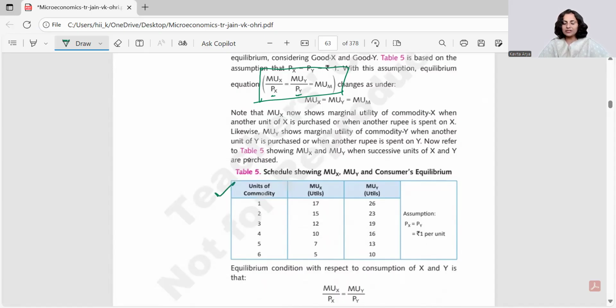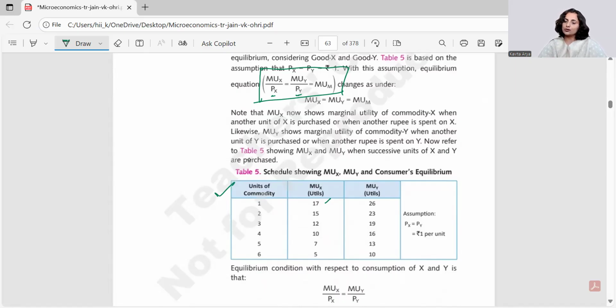So a hypothetical example is given for MUX, the marginal utility curve. What do we know so far after doing this chapter? That wherever it starts from, it has to go down. So if it begins from 17, it will go down to 15, 12, 10, 7, 5. It could go down to any value. I always recommend students to try their own values because it's only the pattern which matters.